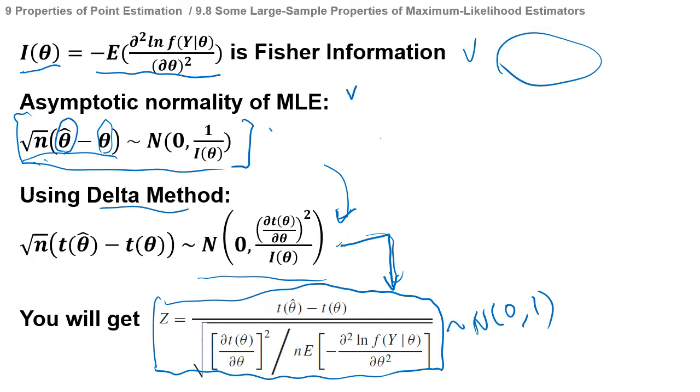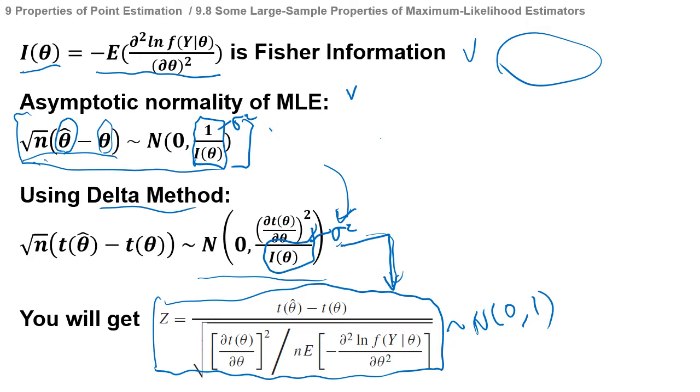And probably you may wonder what the delta method is. Actually, the delta method itself is very simple. Let this one be sigma square. So the general version of the delta method is like this.